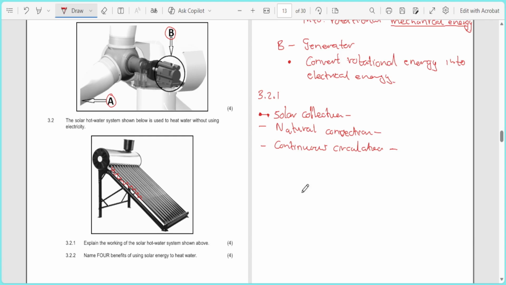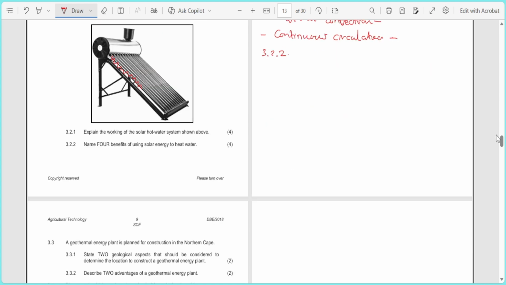Okay. Now for the next question, 3.2.2. They want us to name 4 benefits of using solar energy to heat water. I think it's because of its zero fuel costs.